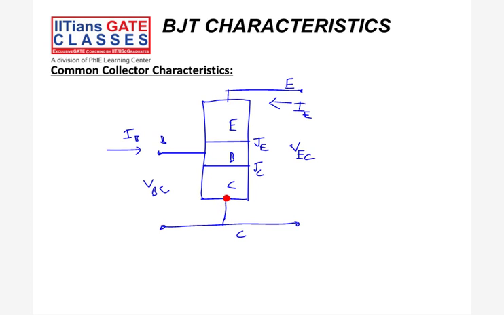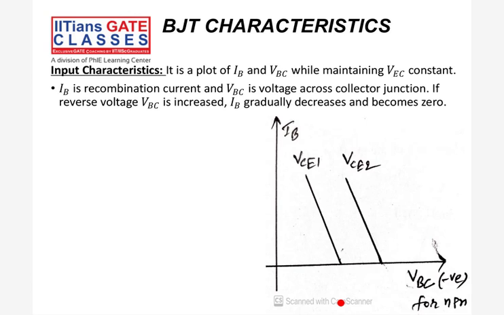In the common collector configuration, we have both input and output characteristics. The input characteristic is a plot of IB versus VBC while maintaining VEC constant. IB is the recombination current, and VBC is the voltage across the collector junction.